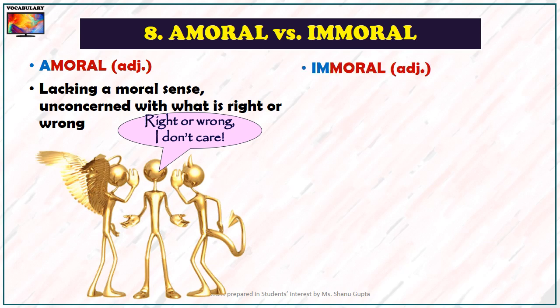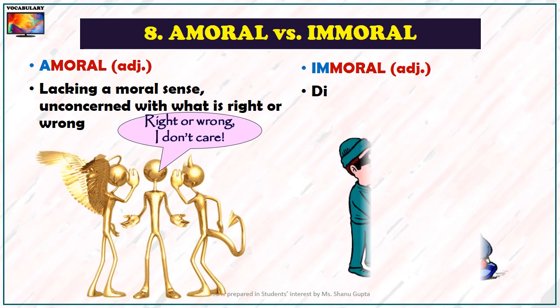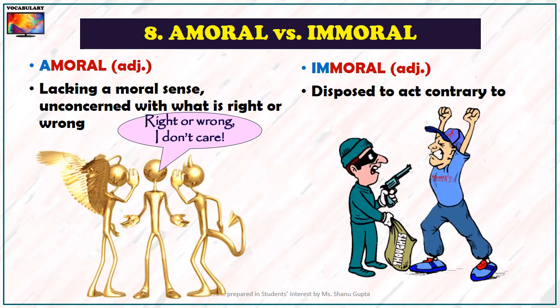The word immoral describes someone who is certainly doing bad actions according to societal standards. That is to say, he is disposed to act contrary to accepted morals. Killing someone, robbing someone, raping someone are examples of immoral actions.